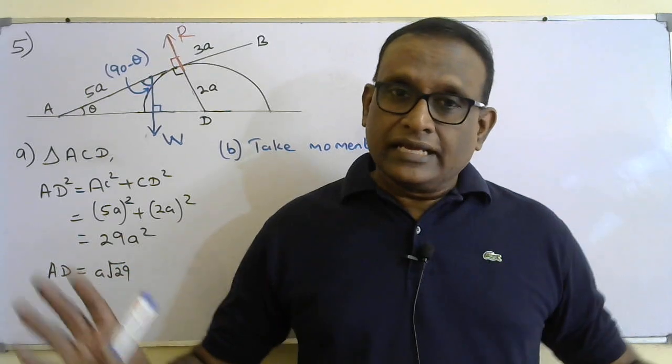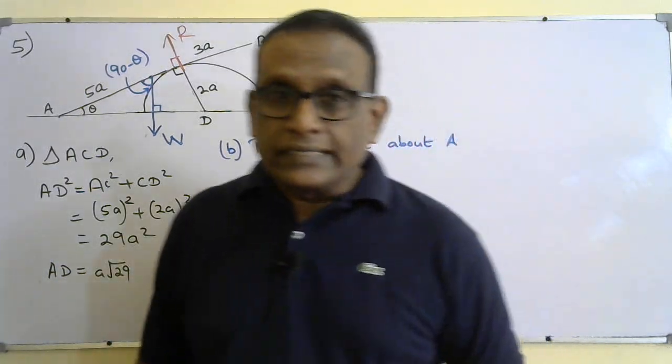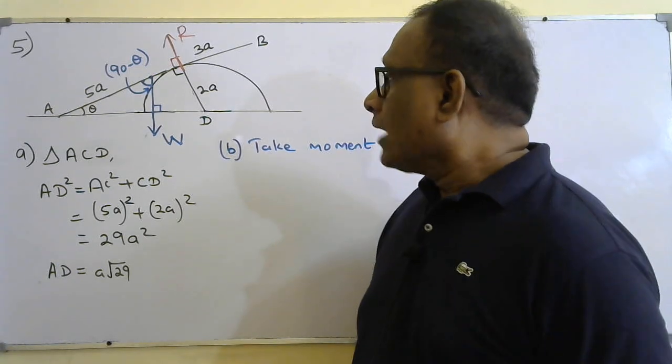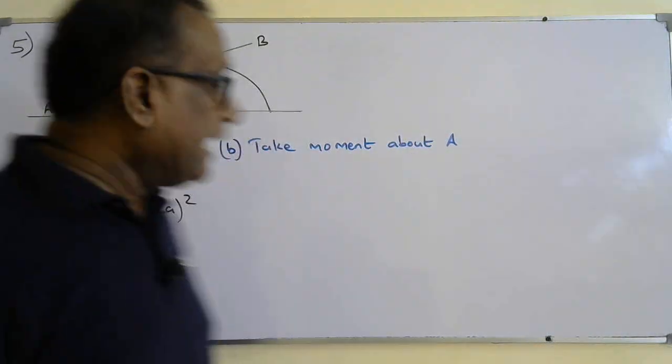So we can avoid the unknown forces at A in our equation. So only one unknown force will be there, that is R. And you know moment means force into perpendicular distance from the pivot. So we are taking A as a pivot.